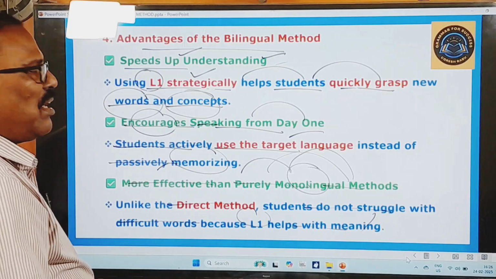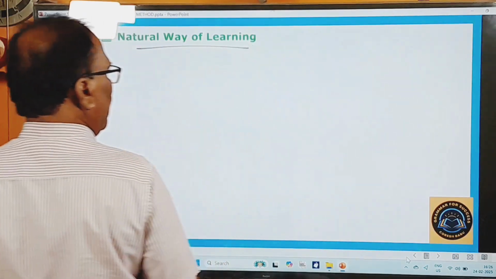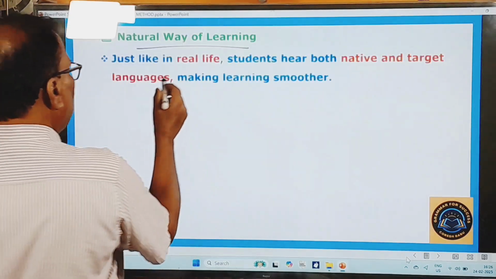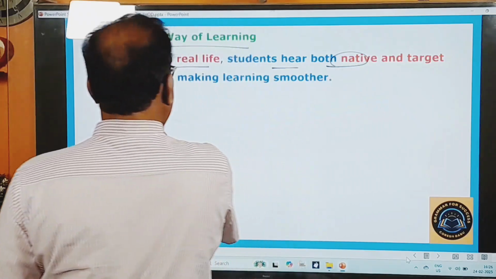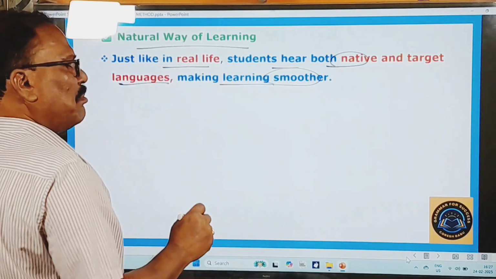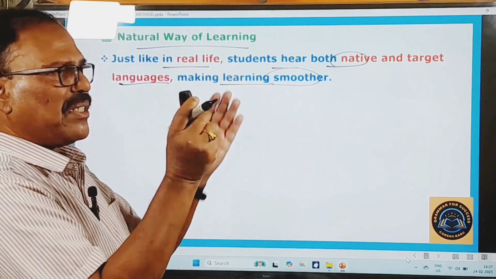Now you move on to learn other important things of this bilingual method. Natural way of learning. So this bilingual method is a natural way of learning. How? Just like in real life, students hear both native and target languages, making learning smoother. So in this bilingual method classroom, the students will learn two languages side by side.